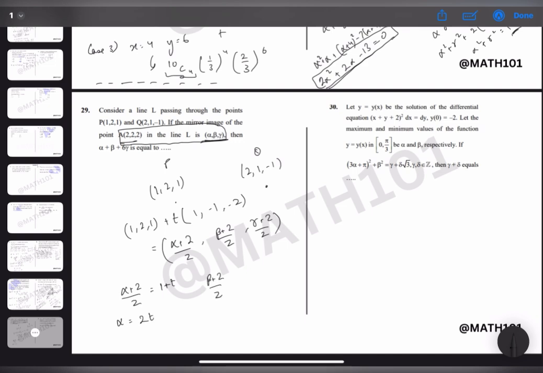(Beta plus 2)/2 equals 2 minus T, which implies beta plus 2 equals 4 minus 2T, so beta equals 2 minus 2T. And (gamma plus 2)/2 equals 1 minus 2T, so gamma plus 2 equals 2 minus 4T. Gamma equals -4T. And alpha plus beta is 2, plus 6 gamma is 2 minus 24T.